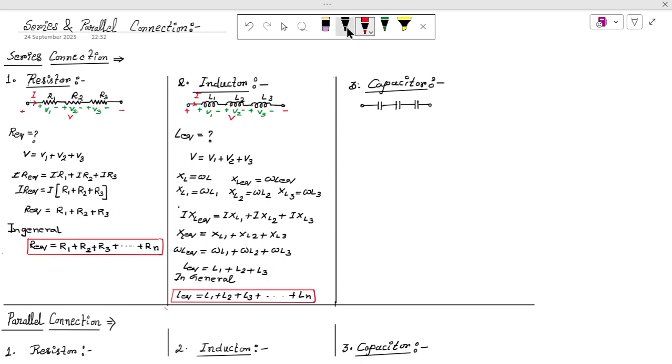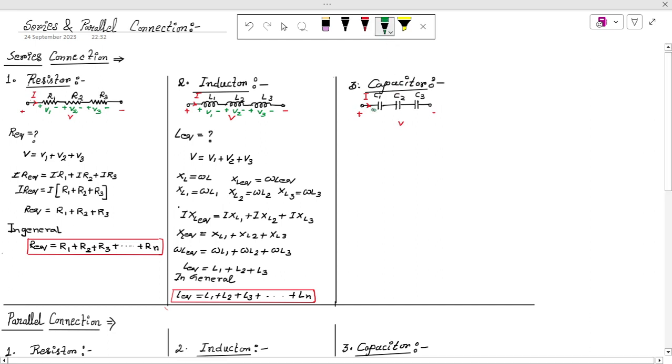Now, here for the capacitor, suppose this is C1, this is C2, and this is C3. Here the current is I. Here the voltage applied across this is V. And this is positive, negative, positive, negative, positive, negative.